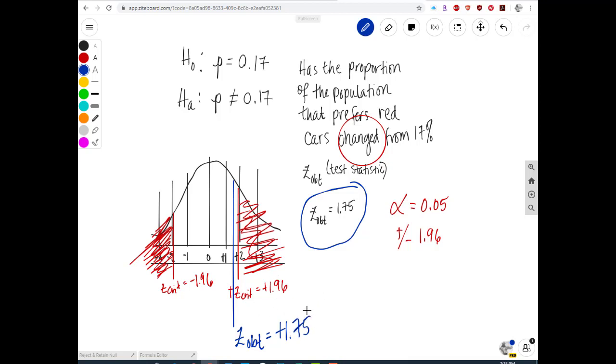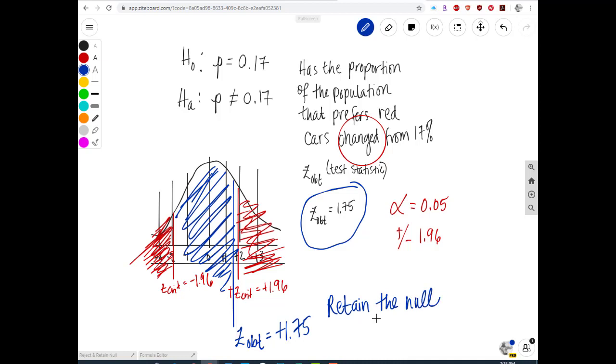Since my z obtained is not in the area of rejection, I am going to retain the null. Or another way to say that is fail to reject. Because I'm not in the area of rejection.